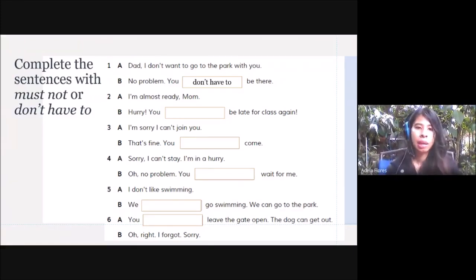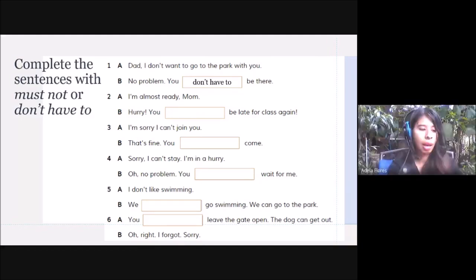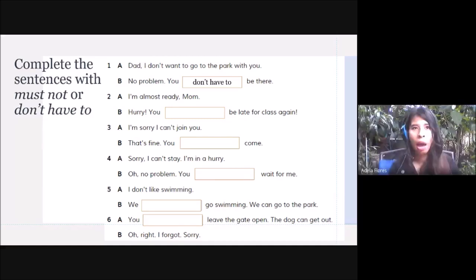And when I say, I'm almost ready. Mom, hurry, you'll be late for class again. What would be the option here? Teacher, ¿y qué es hurry? Hurry, apúrate. You don't have to. Yeah, we can say you don't have to, but is it an option?